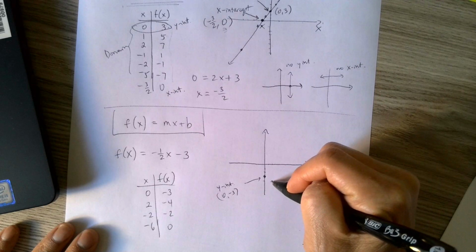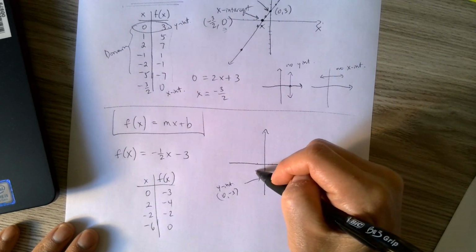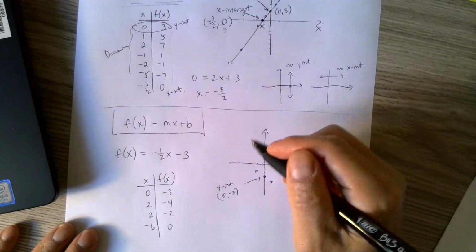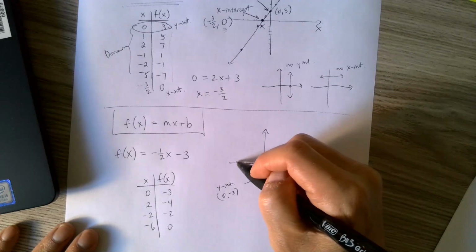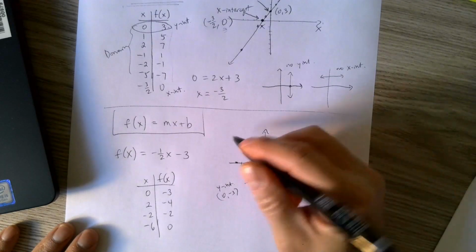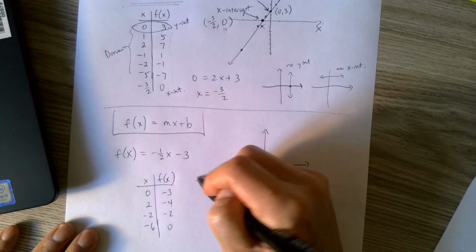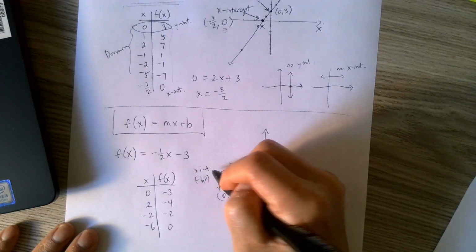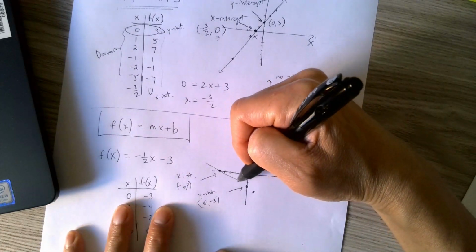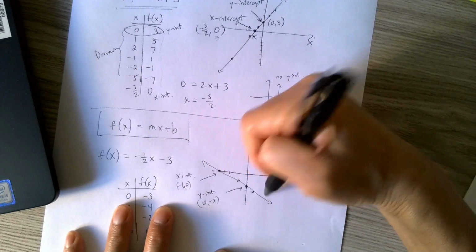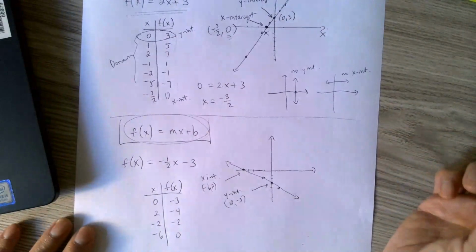Negative 4, 2, negative 2, and negative 6, 0 is my x-intercept. Okay, so I'm getting a line again. So that's twice that I've had something in this form and I got a line.